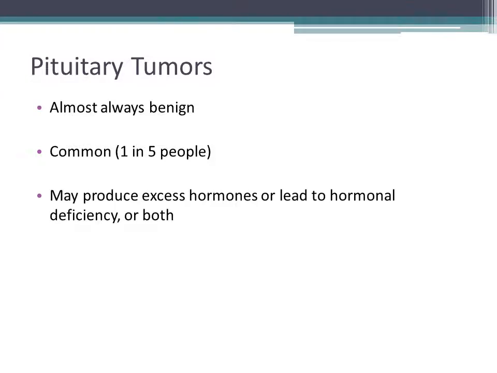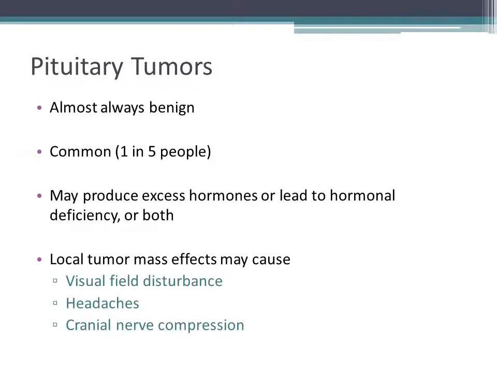Pituitary tumors may produce excess hormones or lead to hormonal deficiency or both, and we're going to talk more about this later. And they can also cause mass effect locally. Remember, the space in the skull is very, very narrow and limited. So small expansion in size of any structure might lead to problems in the nearby structures. Unlike, for example, the abdomen, which is a very big and extendable space, so you can end up with very large tumors without causing mass effect locally.